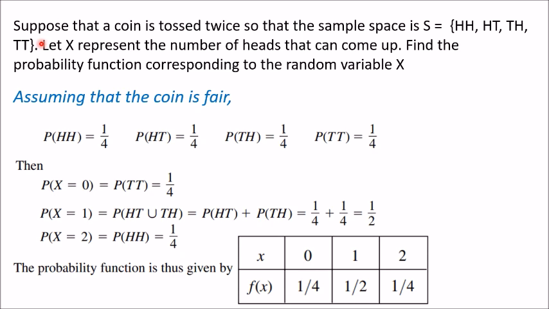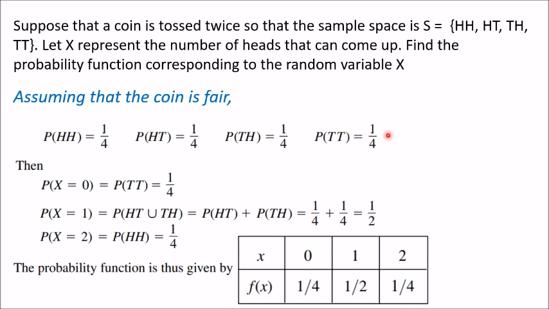So kapag fair yung coin, dapat equal yung mga probability niyan. HH, the probability of this is 1 over 4 because it is 1 out of the 4 outcomes. HT here, the probability is 1 over 4 also. TH is 1 over 4 and TT is also 1 over 4.